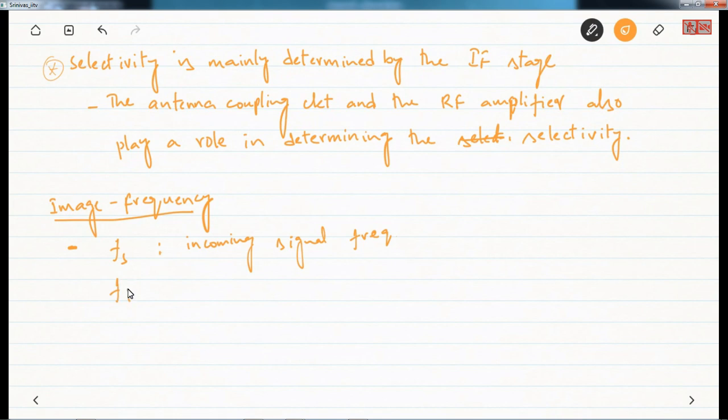And Fo is the frequency of the local oscillator signal, and let Fi be the intermediate frequency.